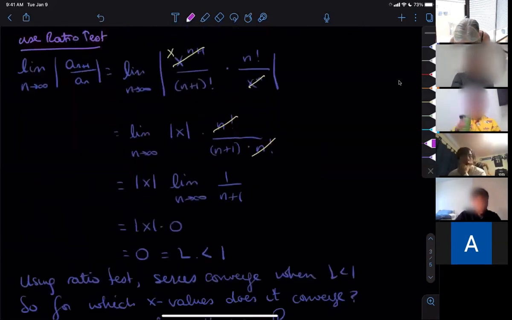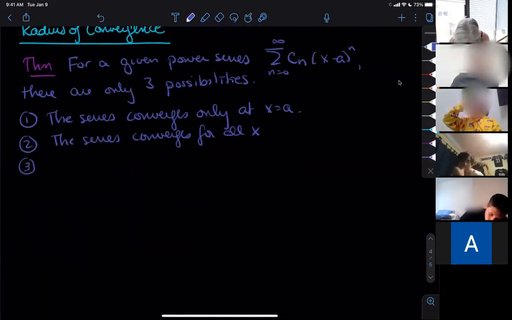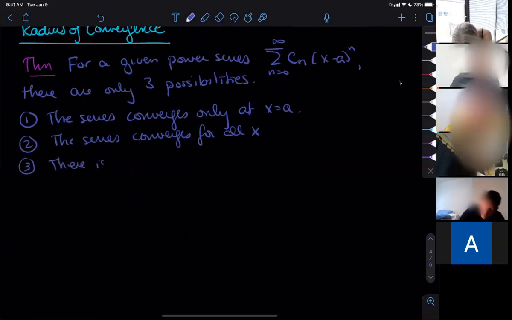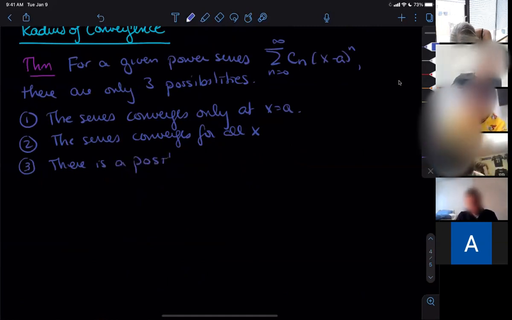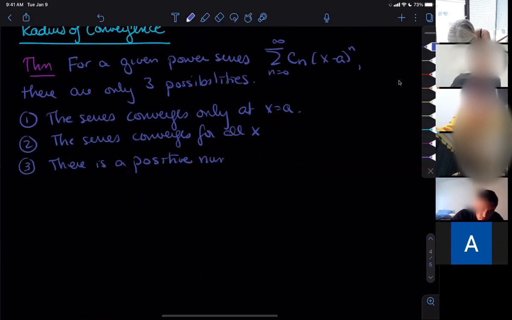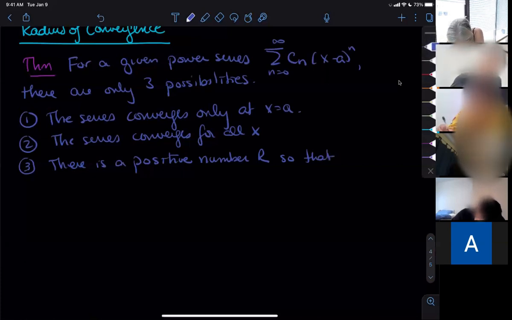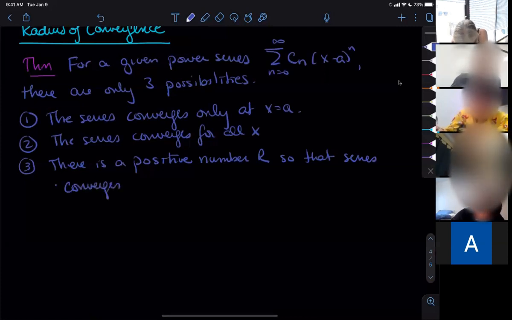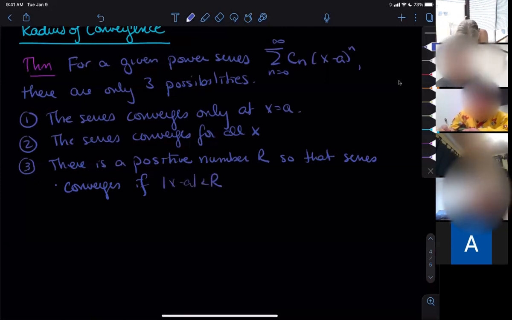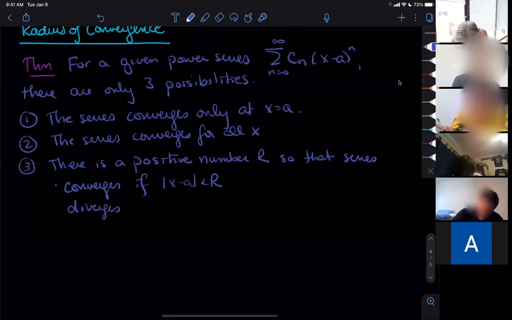Okay. So the last thing is there's some interval that it converges on. That interval is around the center. So there's a positive number r so that the series converges if distance between x and a is less than r, and it diverges if the distance between x and a is greater than r.